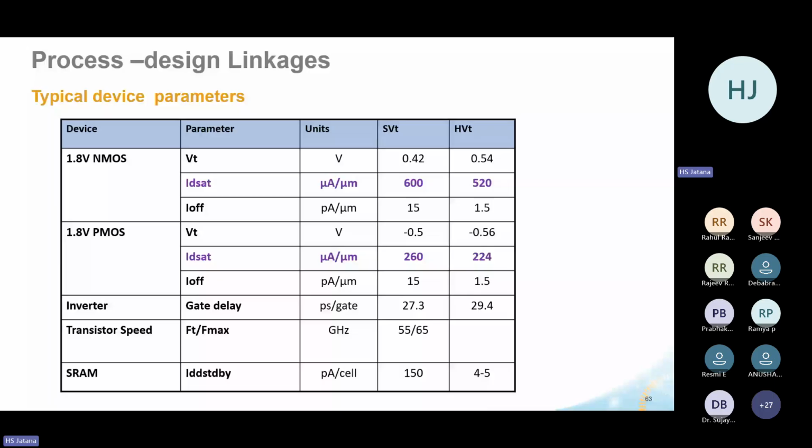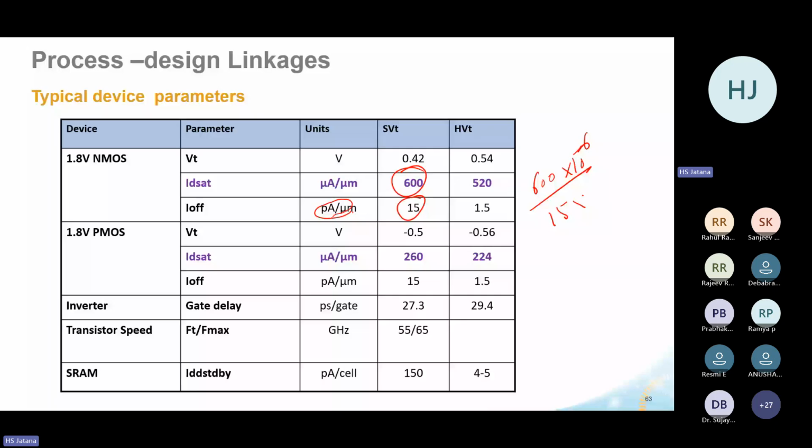Just a sample spec of a 1.8 volt NMOS and PMOS. As you can see, the NMOS ID sat will be 600 microampere per micrometer, and IOFF is only 15 picoamp per micrometer. So you get 600 times 10 power minus 6 by 15 times 10 power minus 12.